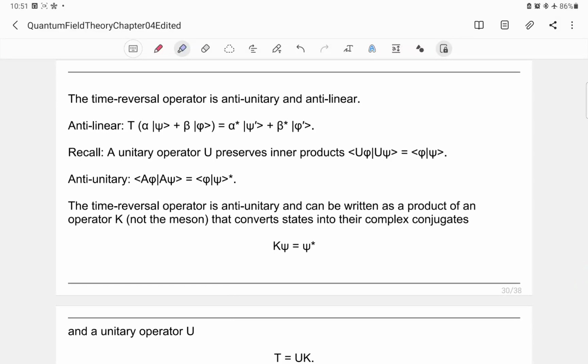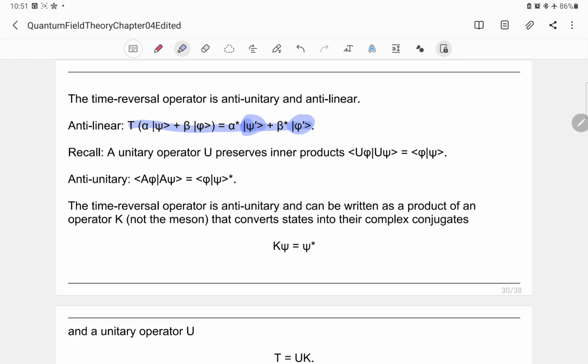The time reversal operator is an anti-unitary and anti-linear operator. What I mean with anti-linear is that it follows this transformation. So if you apply the time reversal operator, it gives you the conjugate and the state, the prime state.